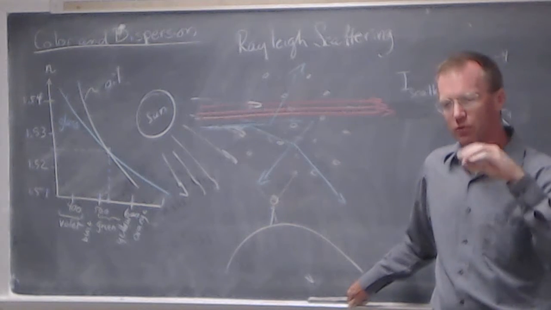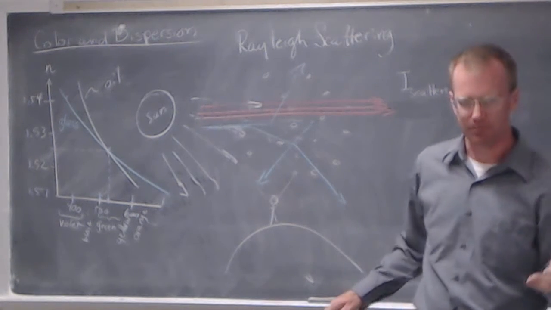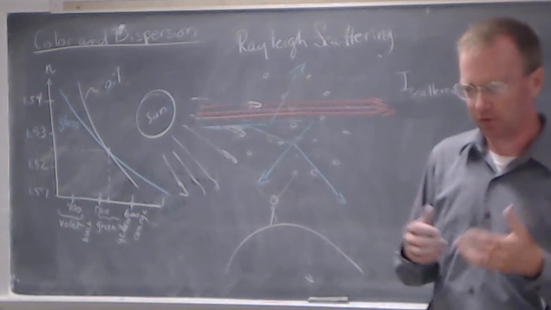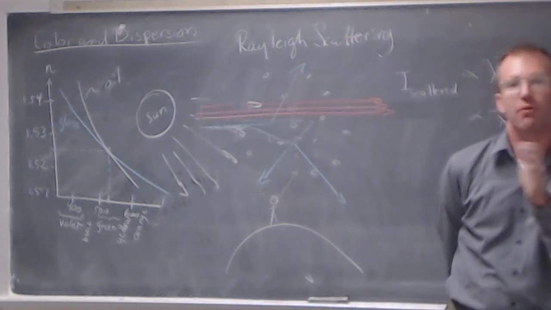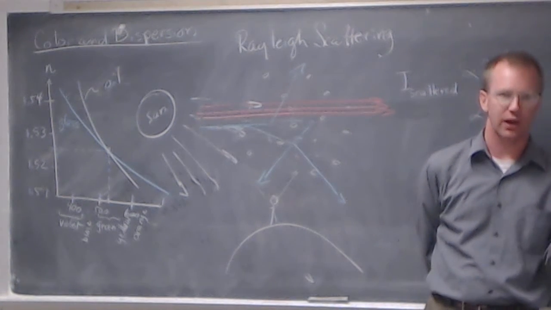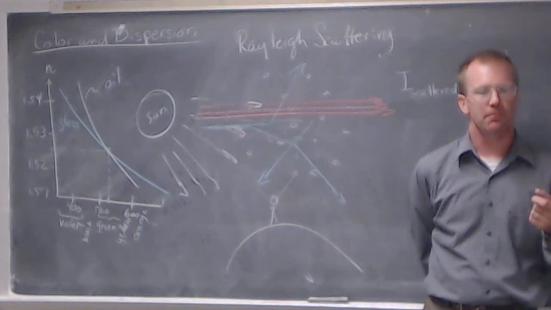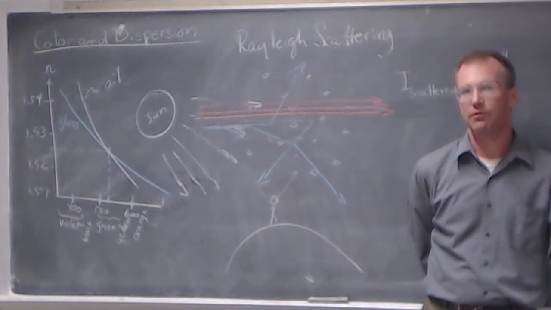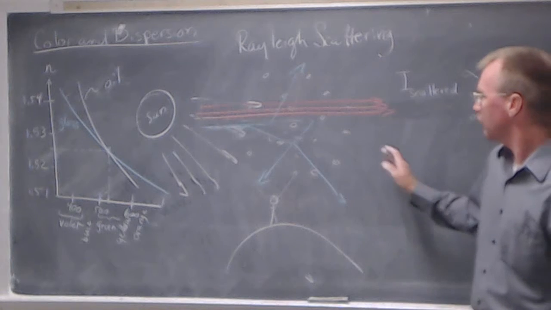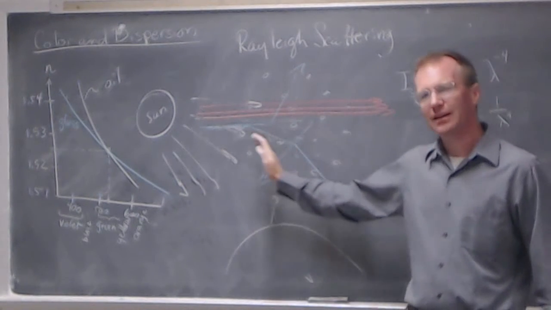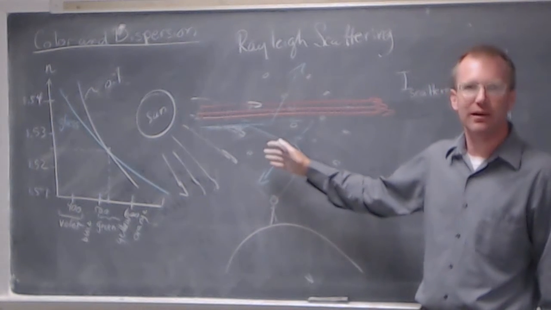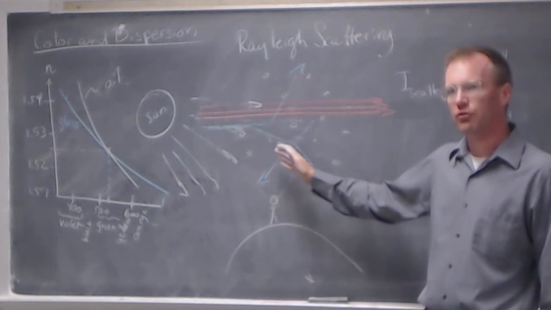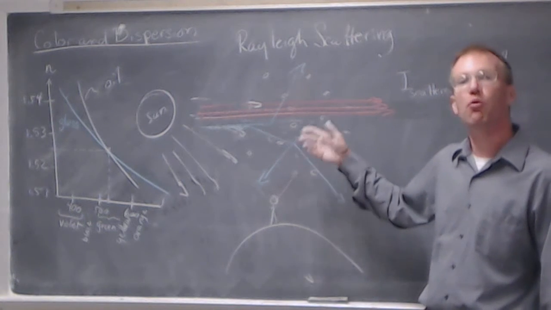Now, the wavelength that's emitted by the sun peaks, the biggest output of light is near the middle of our visible range, yellow, yellowish green, somewhere there, which is not surprising. Our eyes are adapted for sunlight. So if you get onto the violet end of the spectrum, there's actually less light emitted in the first place. If you get closer to blue, to green, to yellow, there's more light emitted.